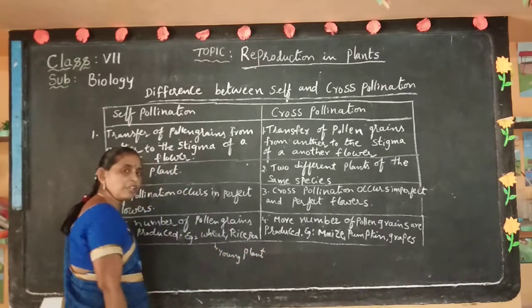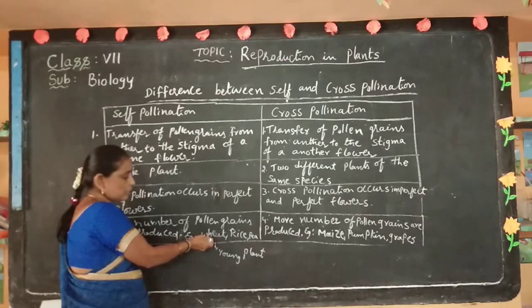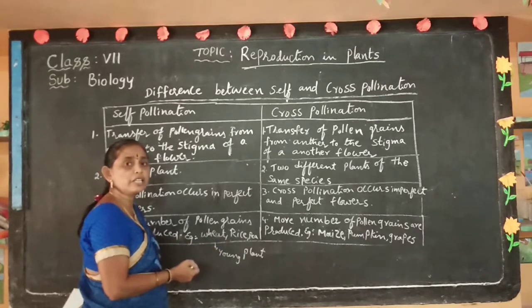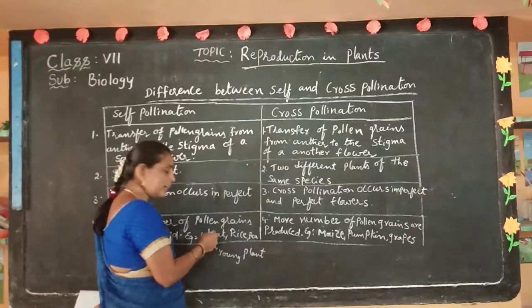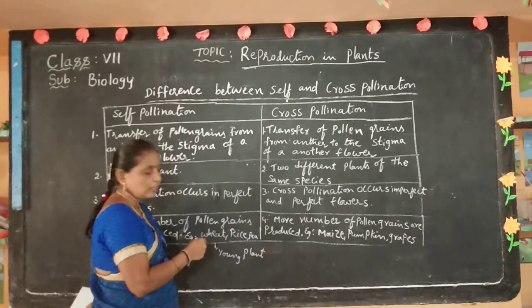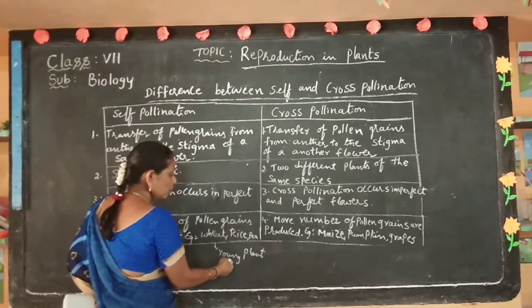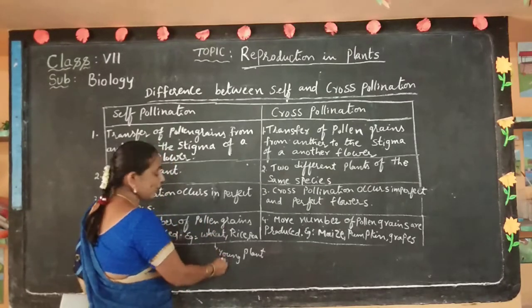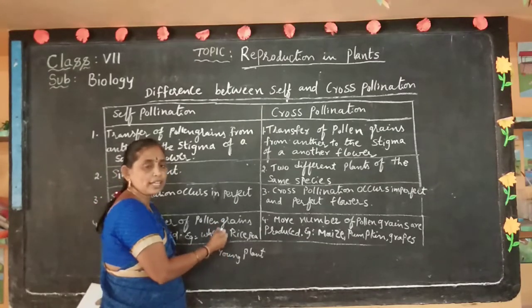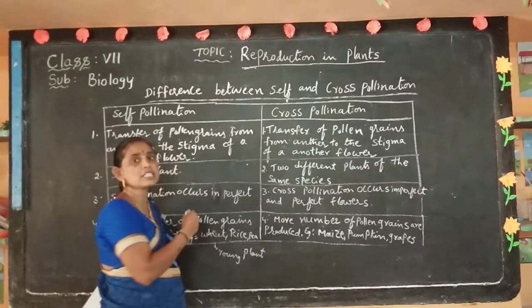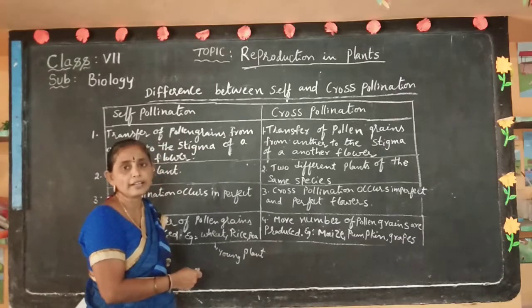It has more disease resistant capacity, and the young plant also has more disease resistant capacity. These plants grow well and give more production, and the young plant also grows fast and gives more crop yield. The same characters, genetically, which are present in the parent plant are present in the young plant also.